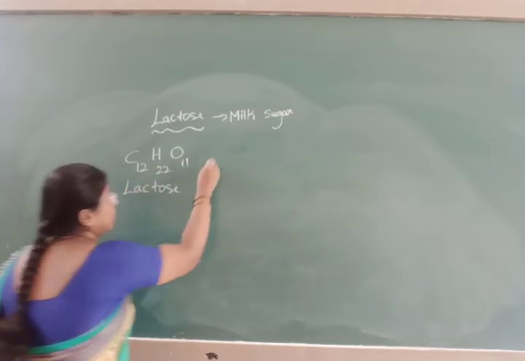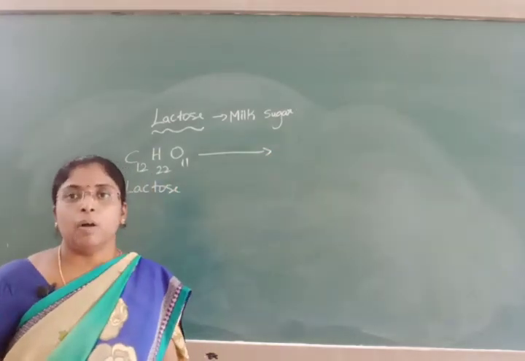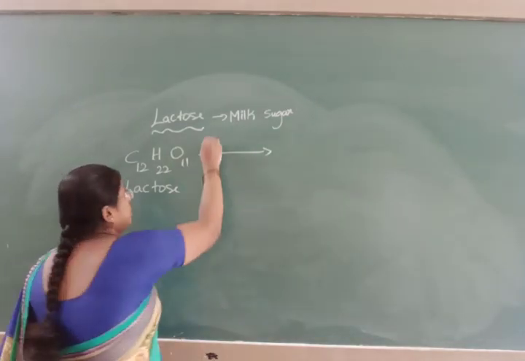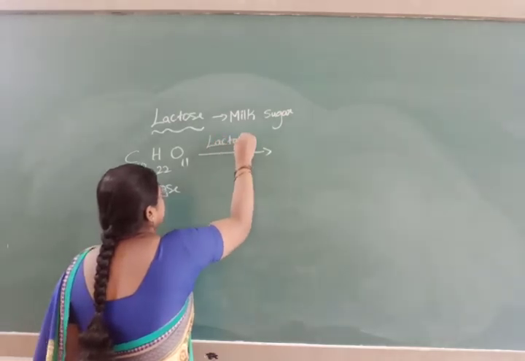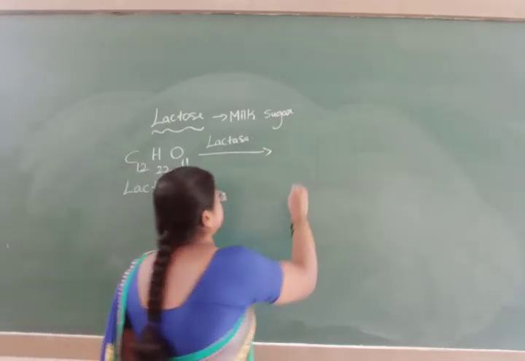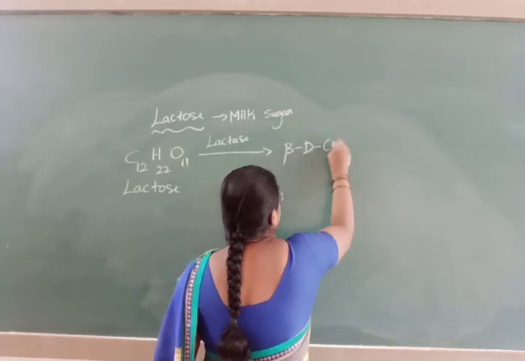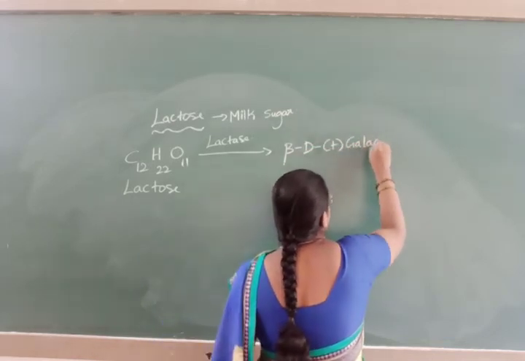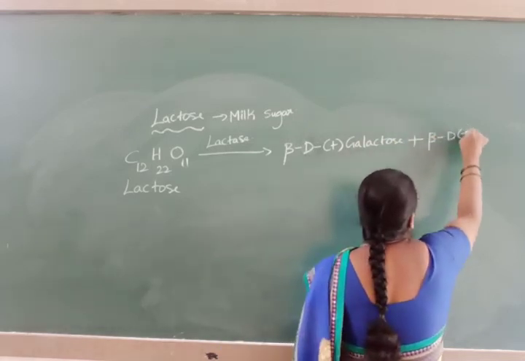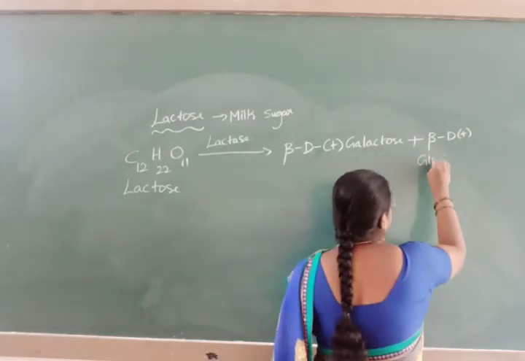Lactose on hydrolysis, which may take place in the presence of an enzyme or dilute acids, any one of them, takes place in the presence of lactase as an enzyme to form beta D plus galactose and beta D plus glucose.